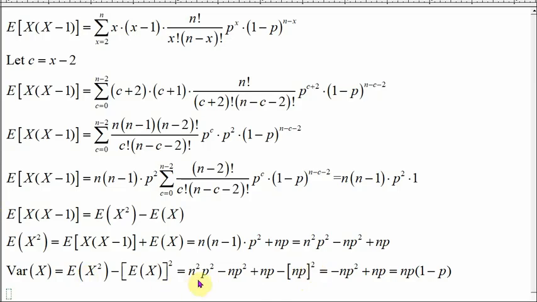And then here we have n squared p squared minus n squared p squared. So what's left is going to be negative np squared plus np, which is np times 1 minus p. And this is the variance of x, of the random variable x that has a binomial distribution.